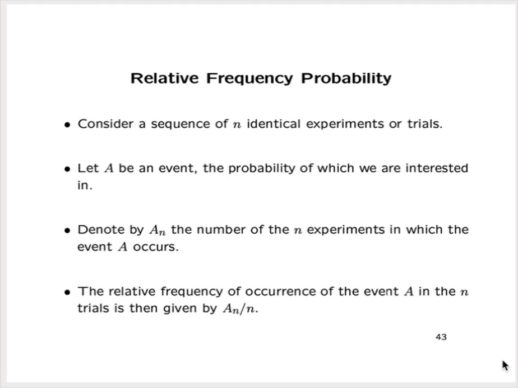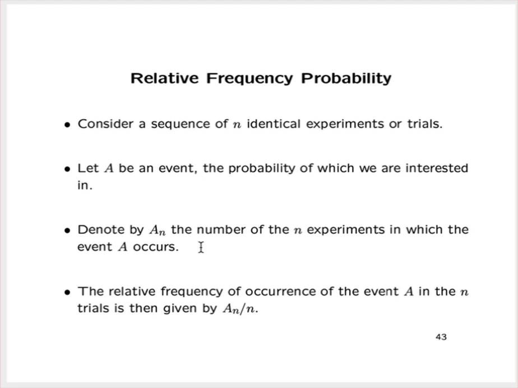So first, consider a sequence of n identical experiments or trials. Then we're going to let A be some event of interest, the probability of which we are interested in obtaining. And then we're going to define the following notation. Corresponding to the event A, we're going to denote a symbol A sub n, and we're going to let that denote the number of times out of the n experiments that the event A occurs.